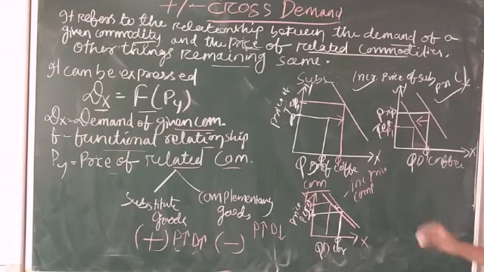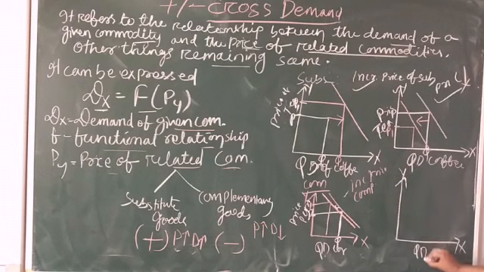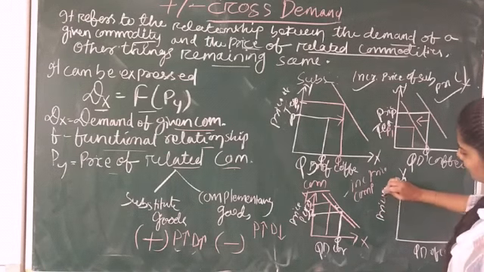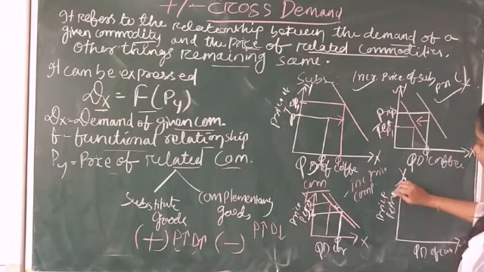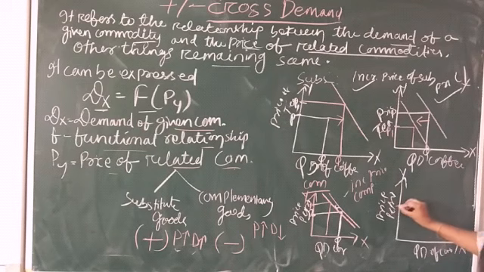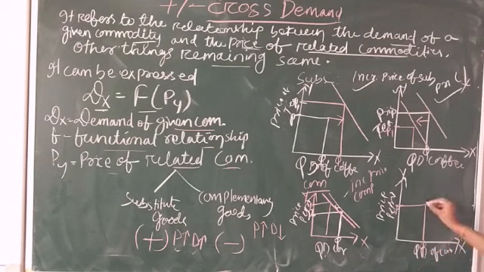Like that, another diagram is like this. This is the y-axis and this is the x-axis. This is the quantity demanded of car and this is the price of petrol. The price is P. When the price is this much, then quantity will be consumed this much. That means this is one diagram, the demand curve of the complementary goods.